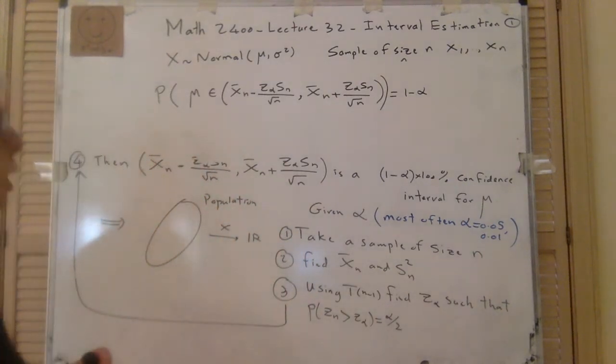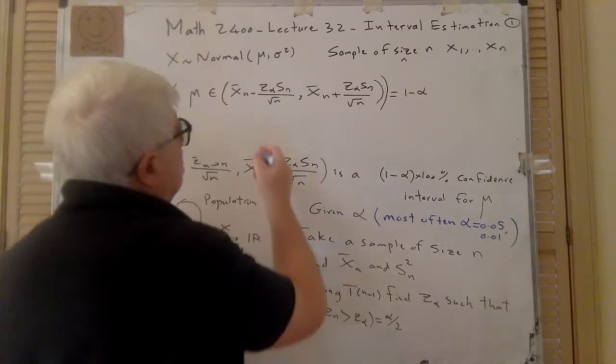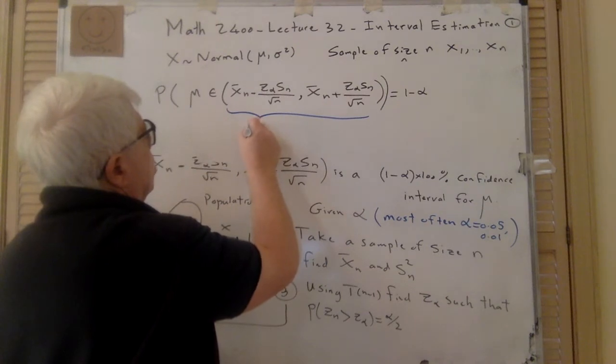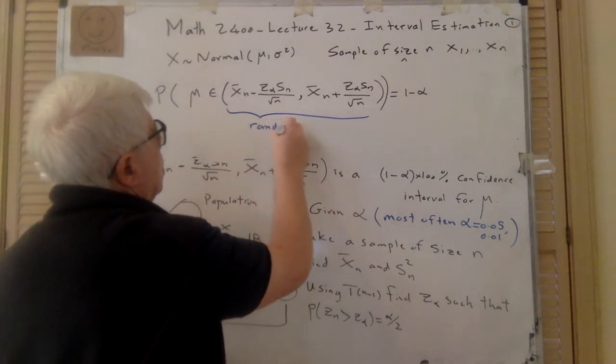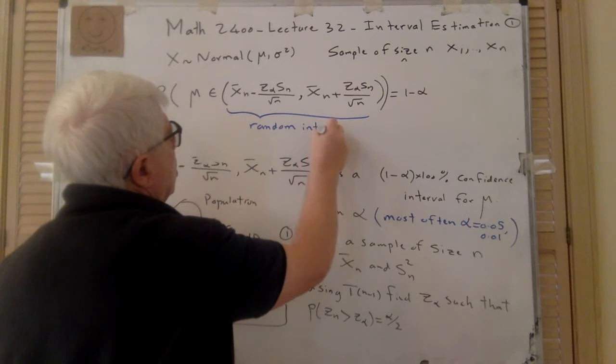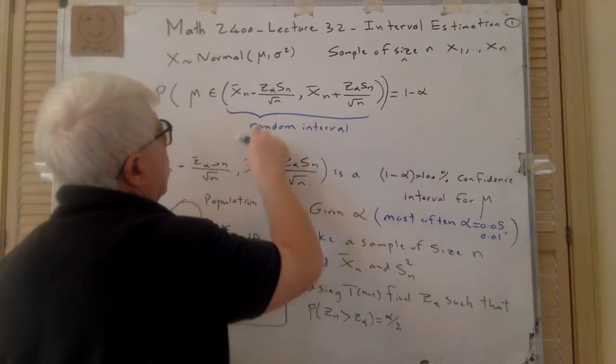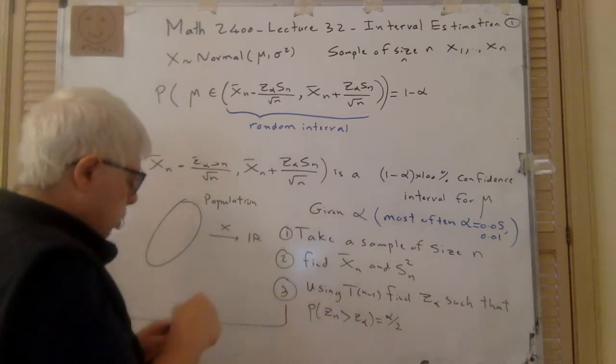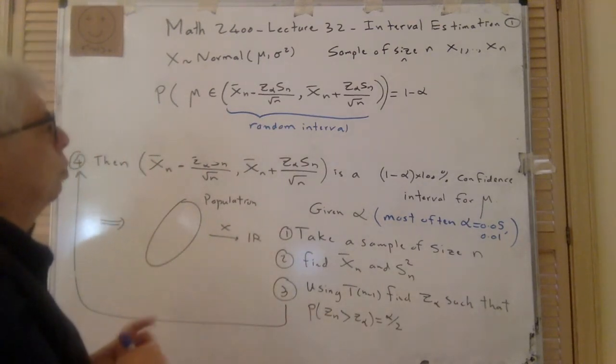Now this is a statement. This is a random interval. It's interesting. This is a random interval.